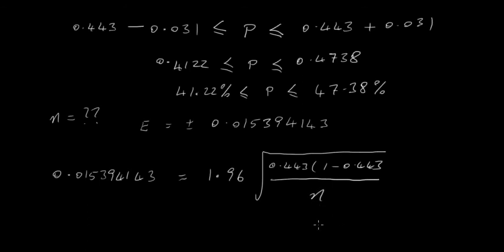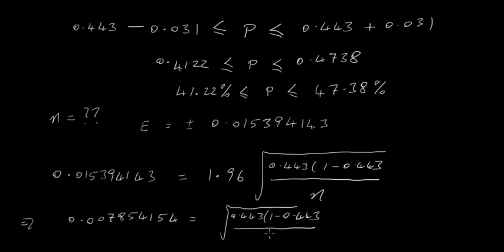We want to work out what our new sample size would be. So let's do that. Now we want to divide across by 1.96 first. So that will give us 0.007854154, and that equals the square root of 0.443 times 1 minus 0.443 all over n.